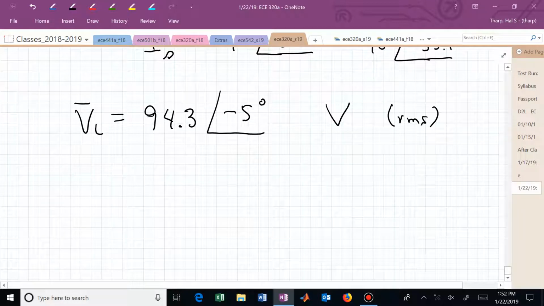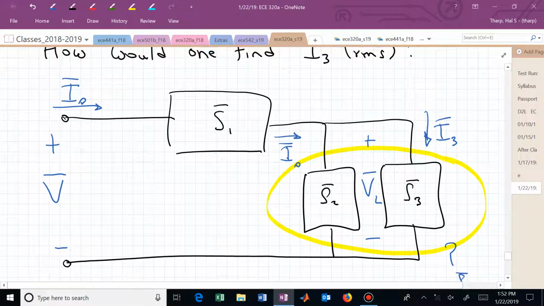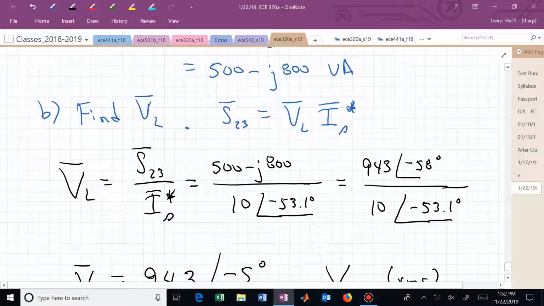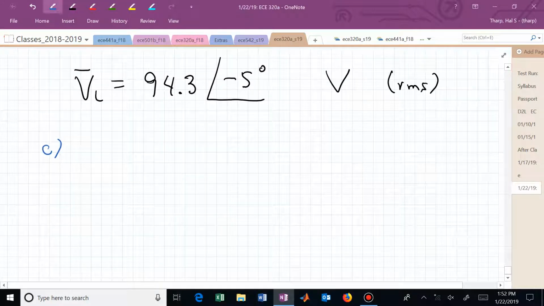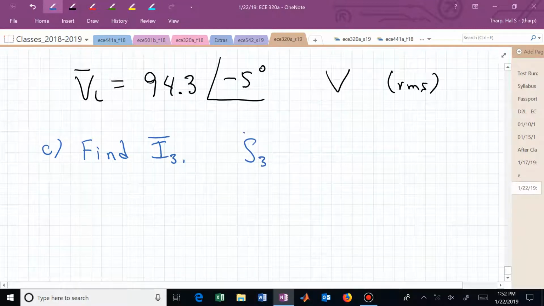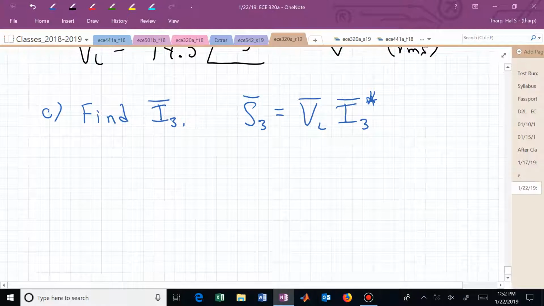Now that we know that voltage and we know the complex power of S3, we can now find I sub 3, again using the complex power expression. The complex power of load 3 is the voltage dropped across that load times the current going through that load, which we don't know, but we're going to find.